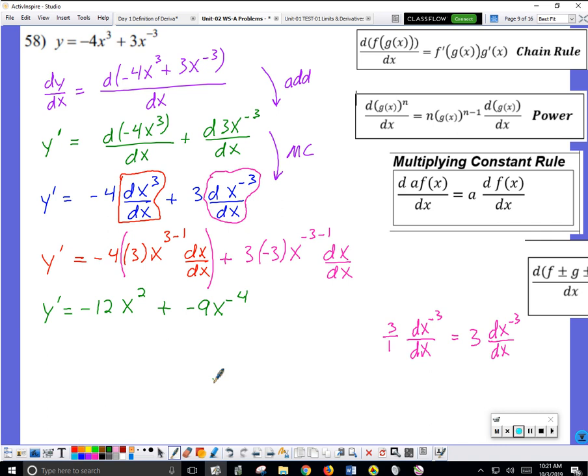That's it. Now, sometimes they'll do this. It's not required, though. So this is not required.